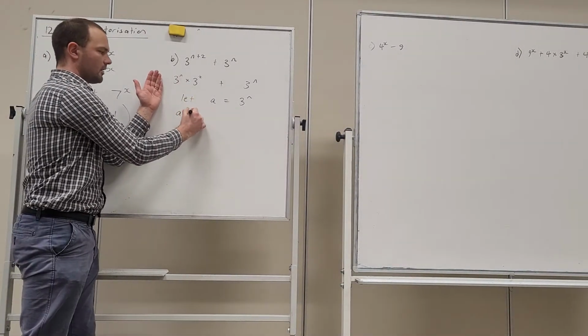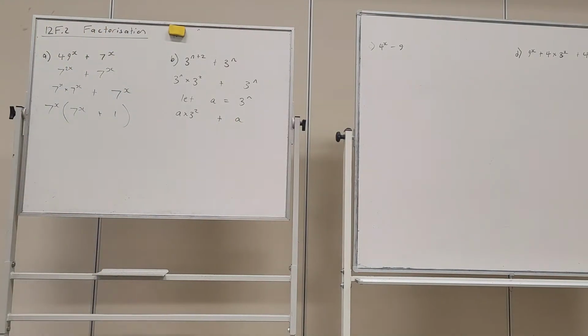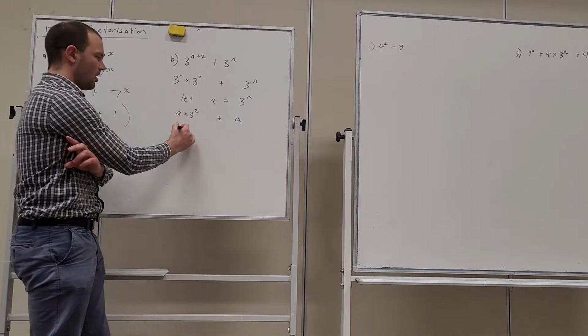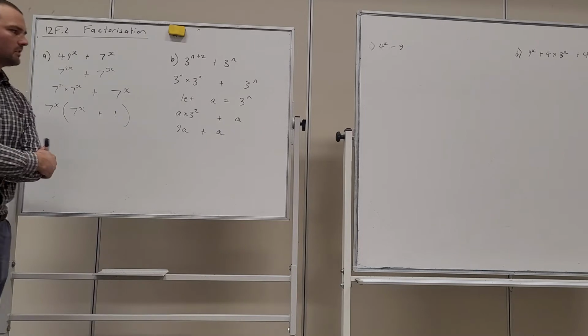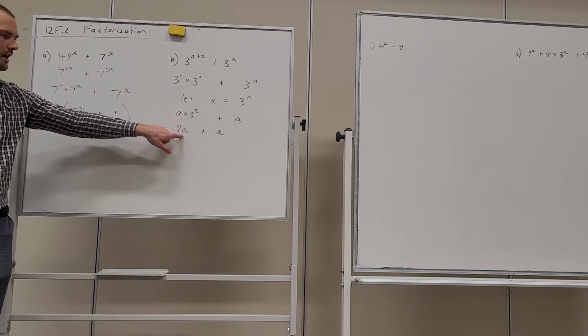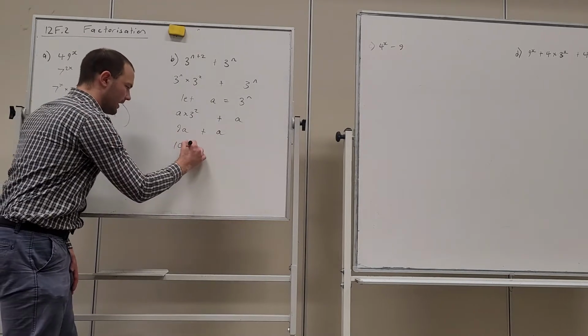We're going to have a times 3 squared, and then over here plus a. Alright, and so what that gives us is we've got 9a plus a. Okay, 3 squared is 9. 9a plus a gives us 10 lots of a.